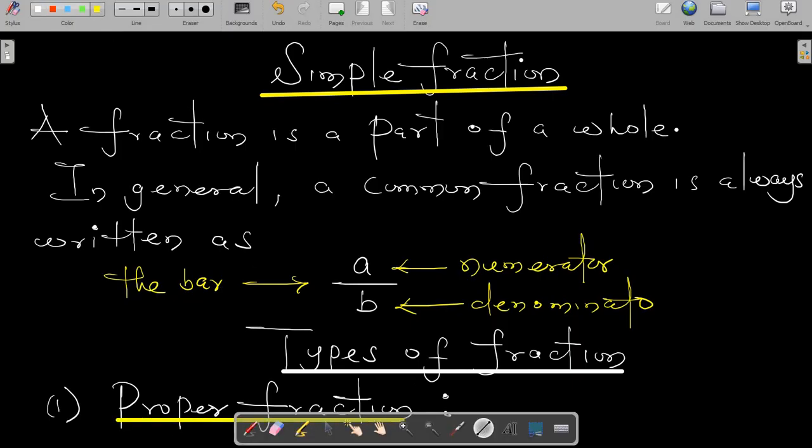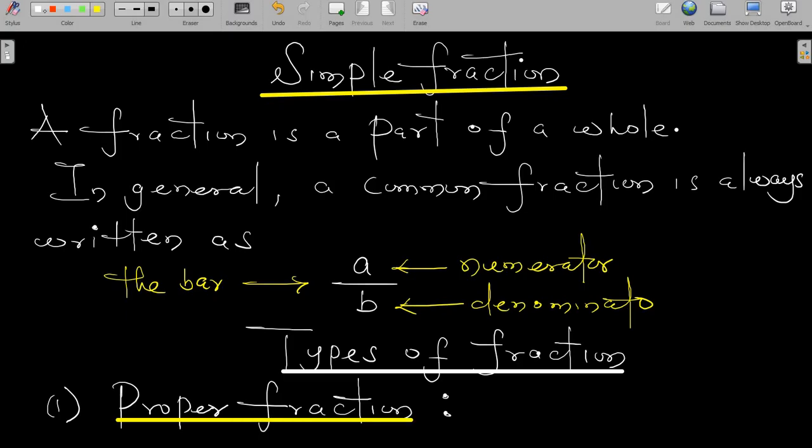Let me underline it. This is a fraction which has the numerator smaller than the denominator. That's what we call a proper fraction.